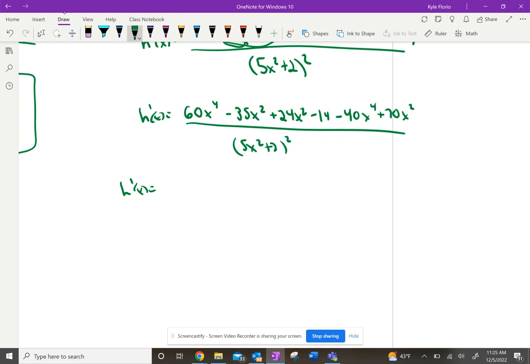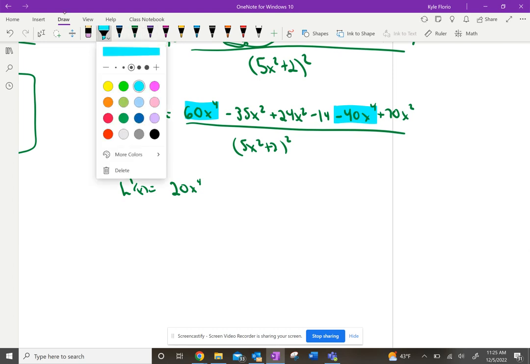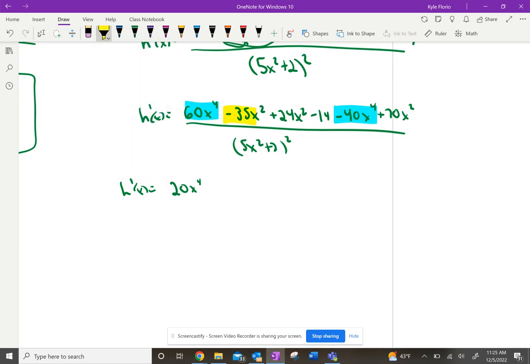So, like terms, 60x to the fourth minus 40x to the fourth gives me 20x to the fourth. Negative 35x squared plus 70x squared, that's going to be 35x squared.